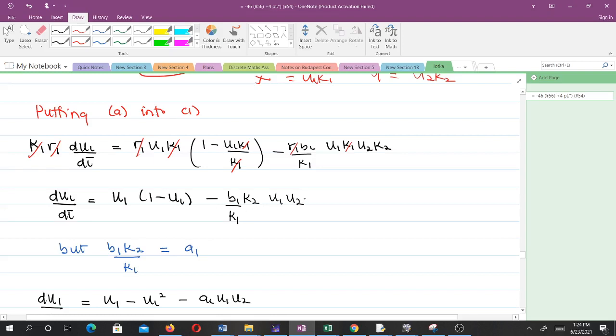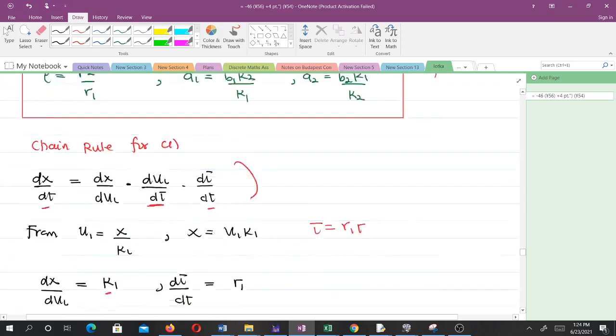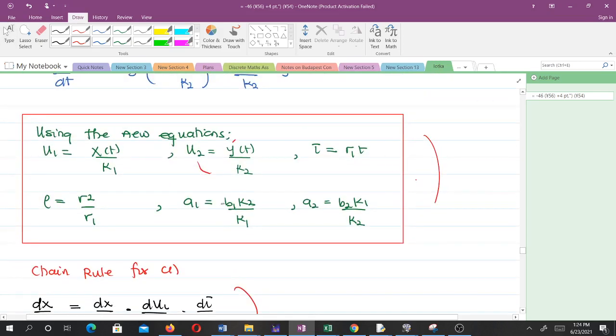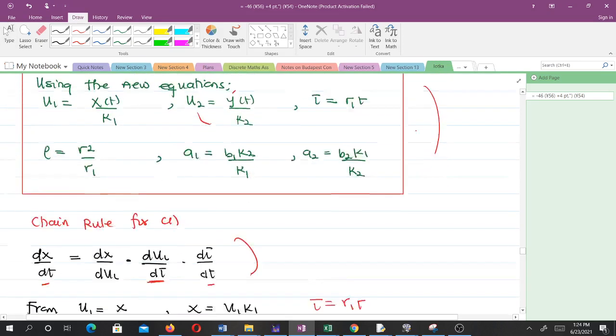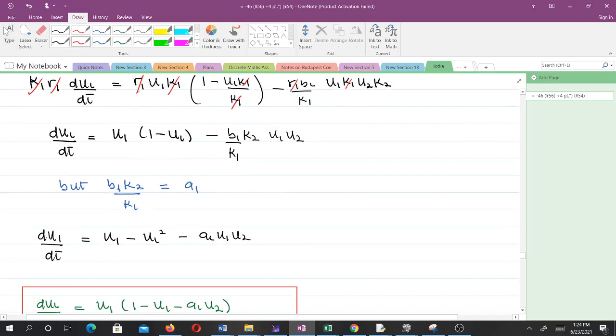You can go back, I told you we'll be making reference to them a lot. We said a1 is equal to b1 k2 over k1, so the whole of this is now a1. Making that substitution, you get du1/dtau equal to u1 minus u1 squared minus a1 u1 u2.